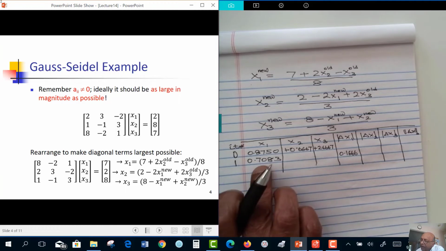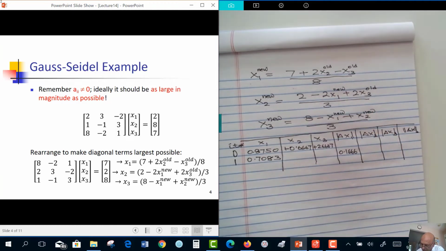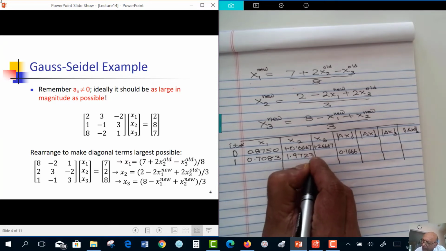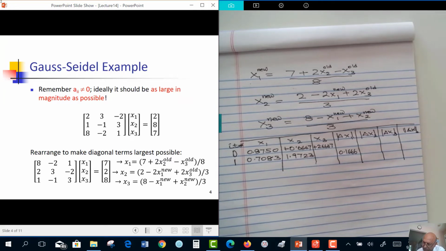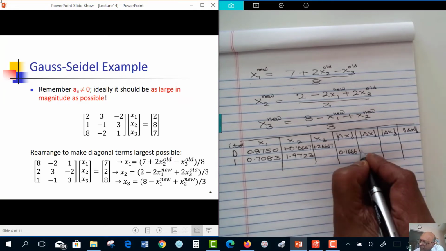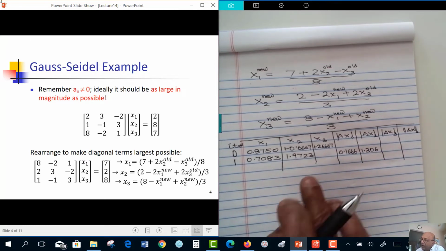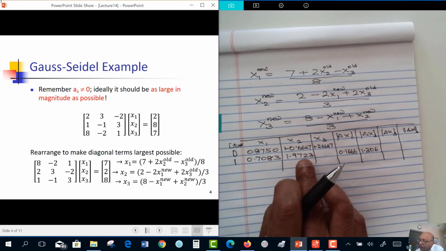All right. Now I have an x1 new, so I'm going to put that in there. So I will have 2 minus 2 times 0.7083 plus 2 times the old value for x3. So I'll get 1.9723. Now I have both a new value for x1 and a new value for x2.